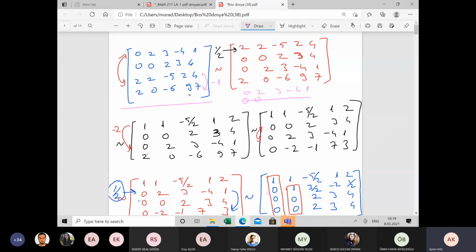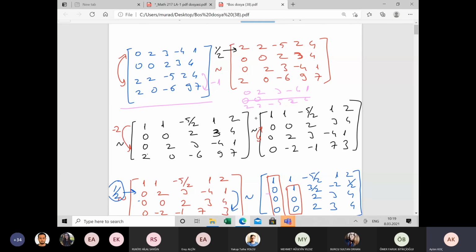This one is 2 2 minus 5 2 4, and apply to this one, and 0 and minus 1 0 minus 2, and then interchange the rows, and we obtain this matrix. It's okay, and multiply, of course, by 1 over 2.